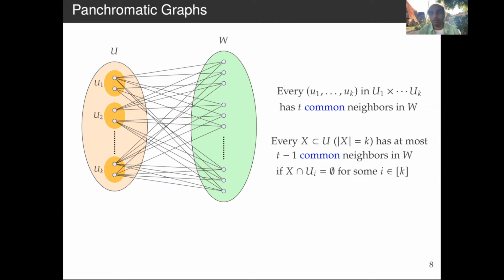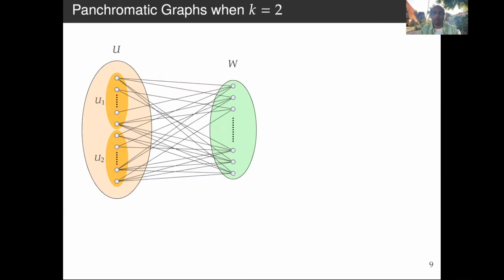And then the question is, does this graph exist? Of course, if we let W be very large, say n to the k, then maybe it exists. But does it exist for small W? Where small here means, say, the size of U, or even smaller. Now, these graphs were studied previously in a work for k equals 2 by myself and Pasin Manurangsi.